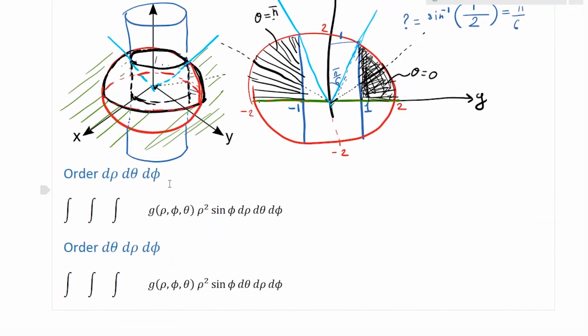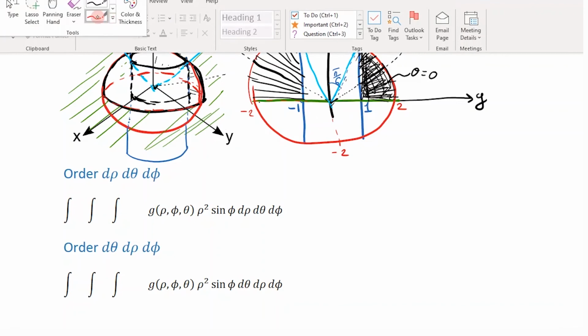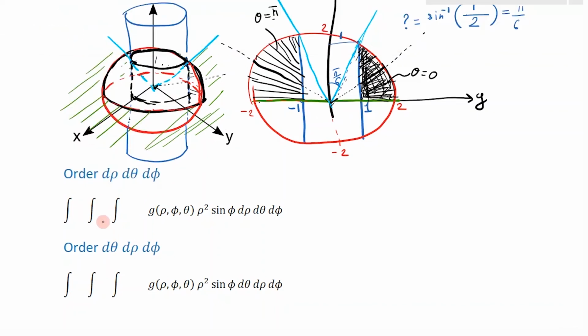Now let's figure out the description in terms of d rho, d phi, and d theta. For rho, we'll have d rho going along the same kind of rays, so we can write cosecant phi to 2, so it's from this blue to the red.